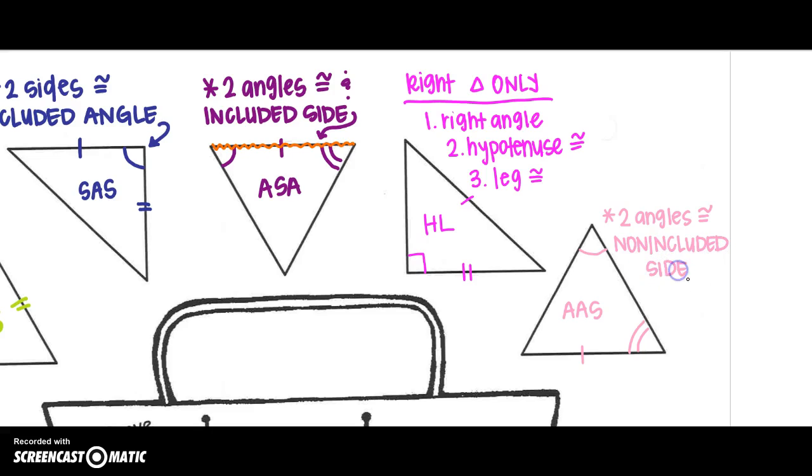And the non-included side is just going to be that side that doesn't fall within those 2 angles. So notice that this side that we have in our picture is on the outside.